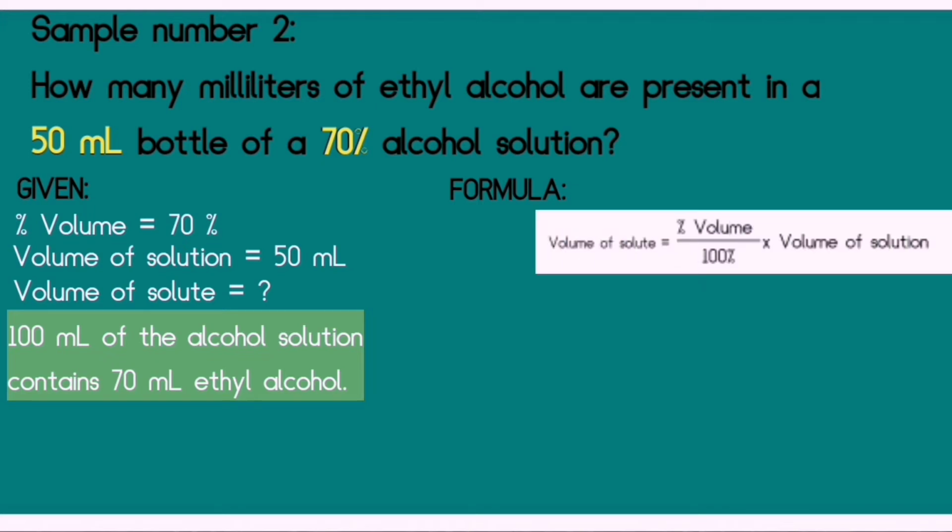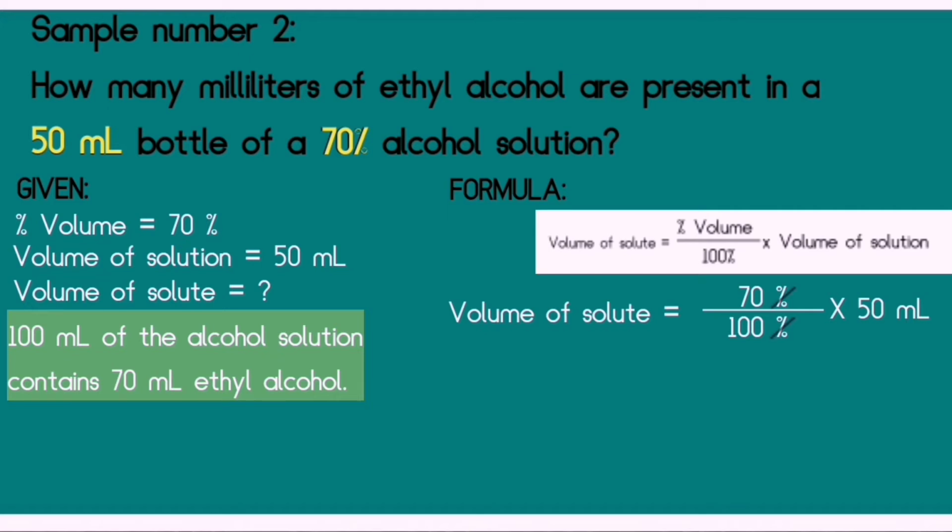Now, write the formula. Volume of solute is equals to percent by volume divided by 100% times the volume of solution. Next, substitute the values. So the volume of solute is equal to 70% divided by 100% multiplied to the volume of solution, which is 50 ml.